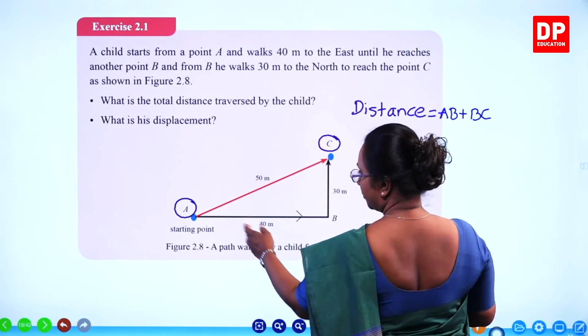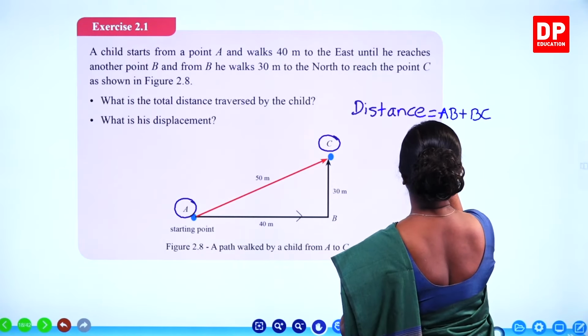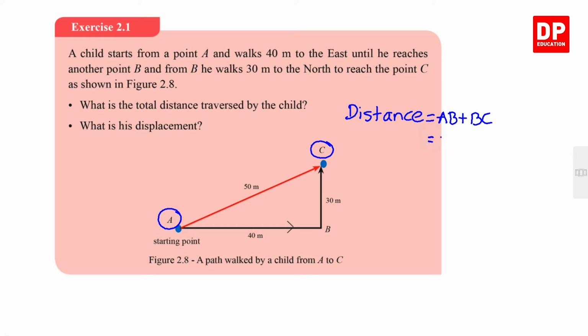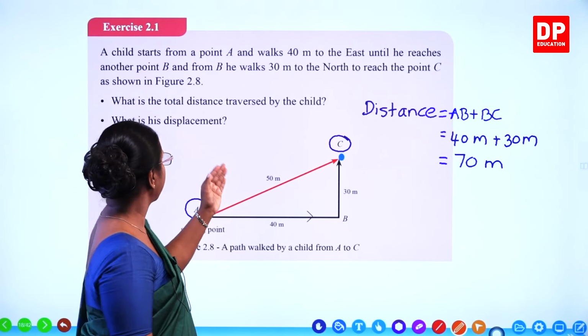Right. So as you can see in the diagram, from A to B is 40 meters and from B to C is 30 meters. So the distance traversed will be the total 70 meters. So that is the distance traversed by the child.